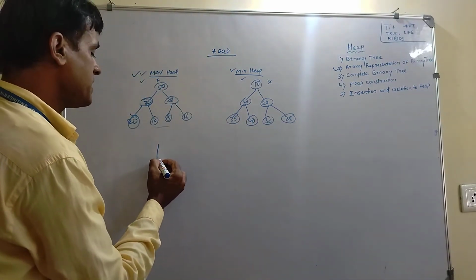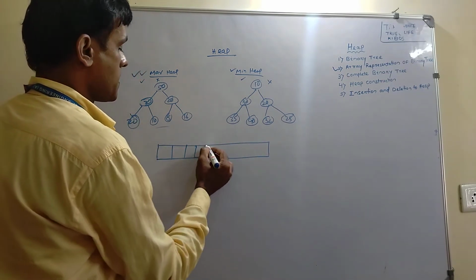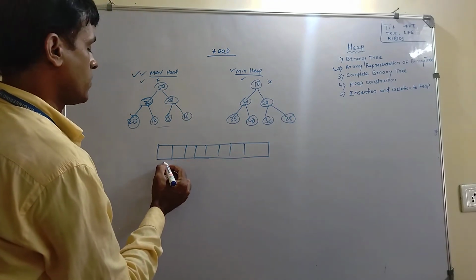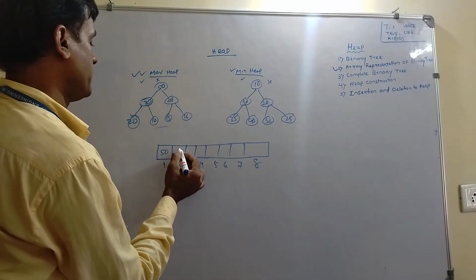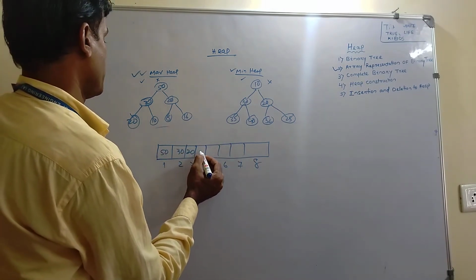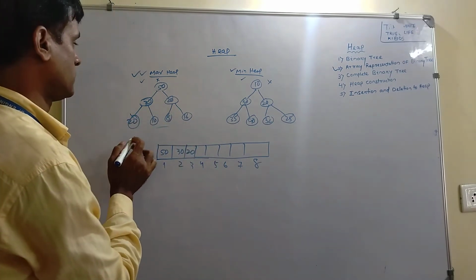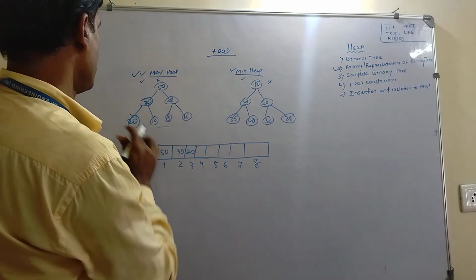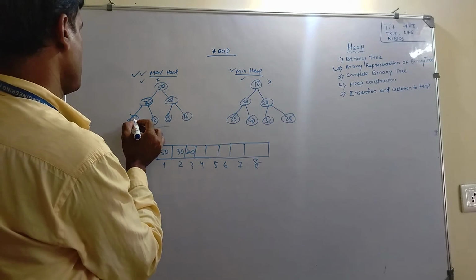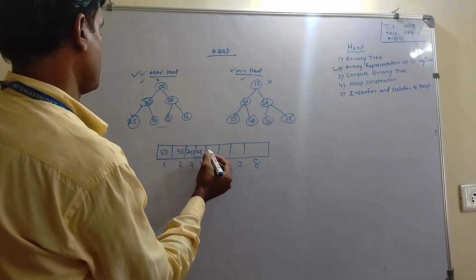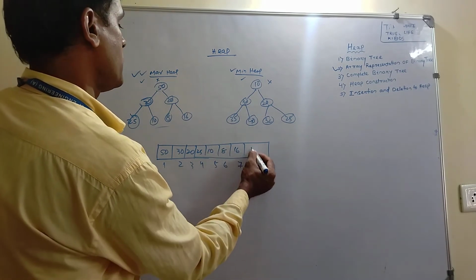If you want to delete it, keep in mind that this is your 1, 2, 3, 4, 5, 6, 7 and 8, and you have the elements 50, 30, 20, 25 and 10, 8, 16.